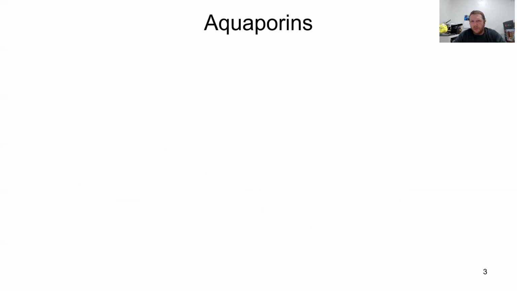Now, a good example of a porin protein is what is known as an aquaporin. An aquaporin is a protein that moves water across a membrane.